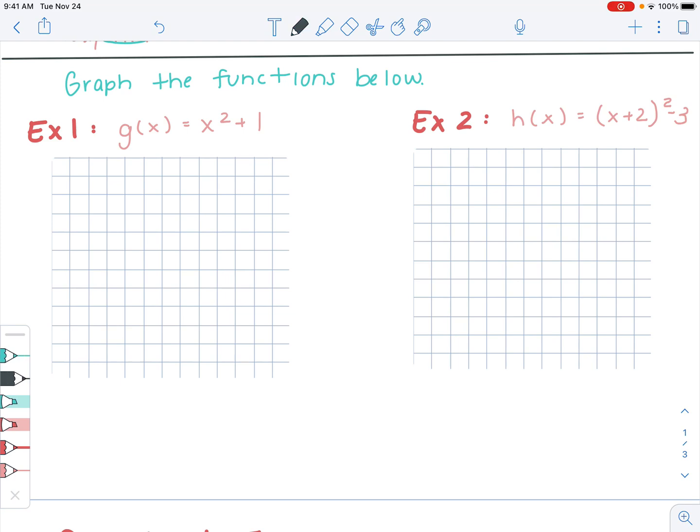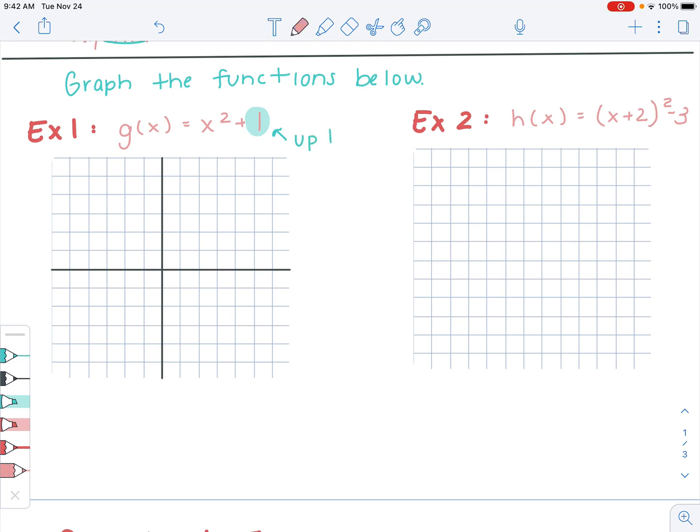If I'm going to graph these, we already know what is happening here from our knowledge of transformations. If I look at g of x, this plus 1 outside the parent function at the end of the equation takes the parent function and moves it up 1.